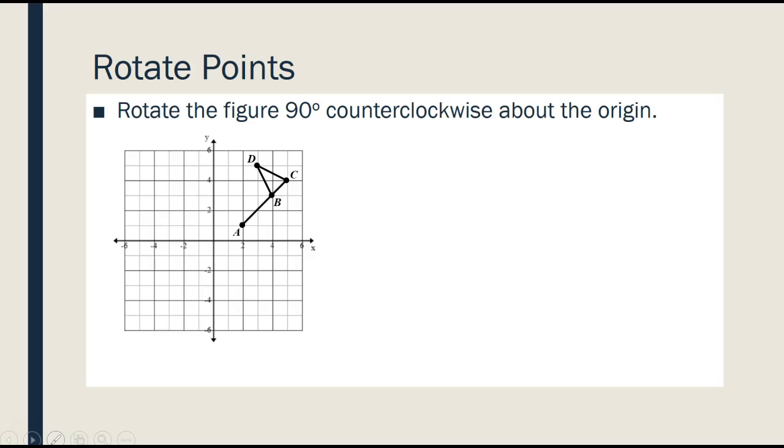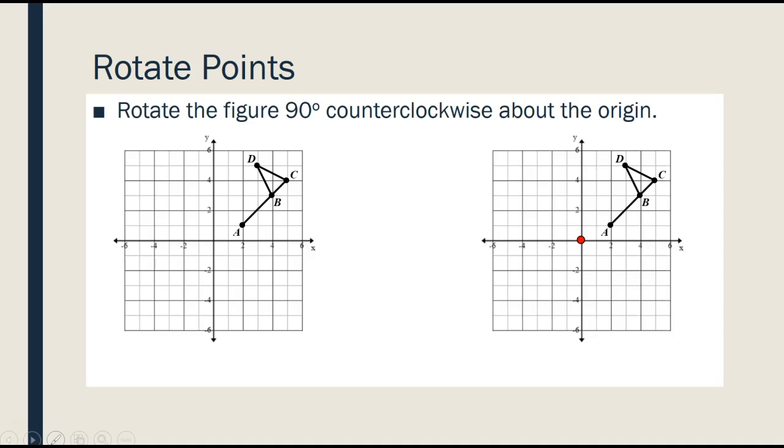So how would we rotate the figure 90 degrees counterclockwise about the origin? There's my origin, there is my pre-image, and since we want a 90 degree rotation, we're looking for a segment that's perpendicular.